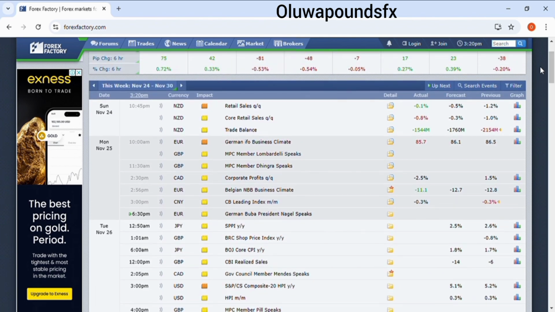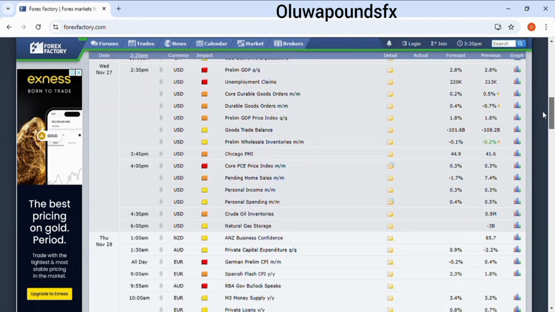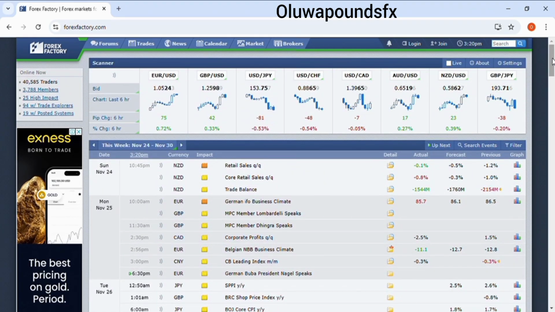You will see this particular template on your screen. Looking at this place, you can see the date, the time at which the news will be released, the currency the news will affect, and you can also see the impact.